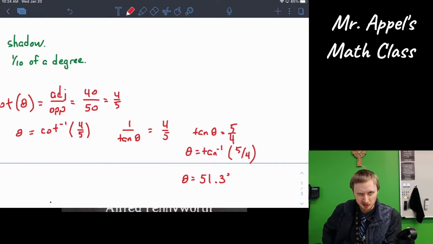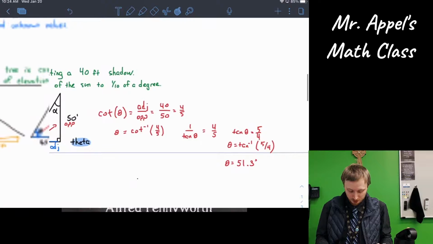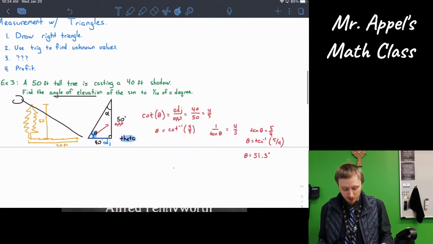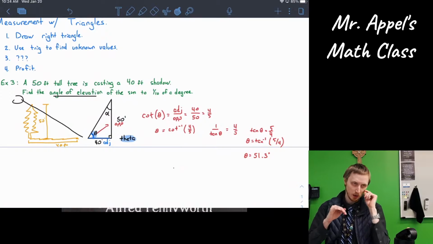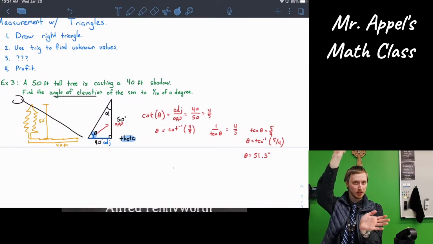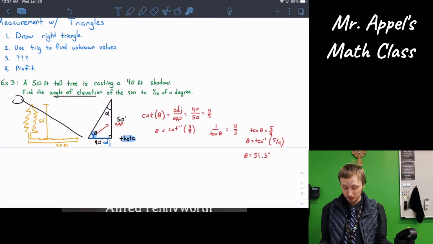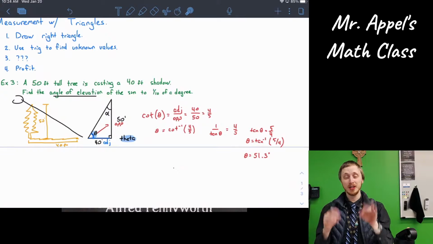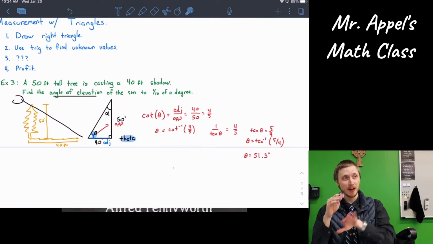Does that make sense? Does that sound like a good angle to you? Double check that. The tree is 50 feet high. The shadow is 40 feet long. The tree is taller than its shadow, which is why I spun my triangle around to look a little more proportional. So I need to get an angle that is more than 45. 45 is that halfway point.